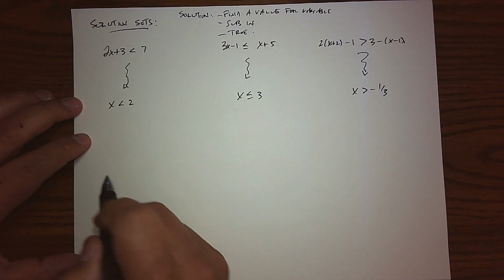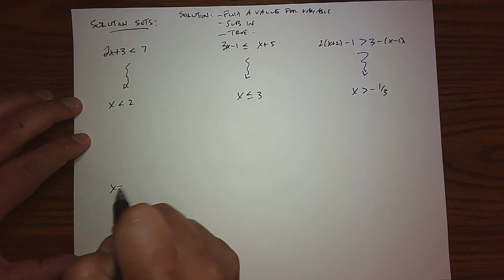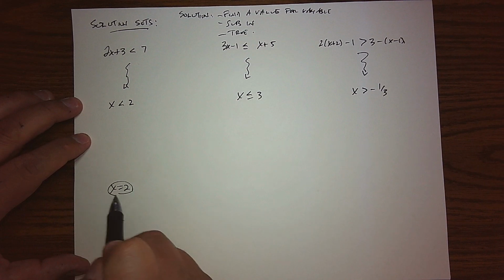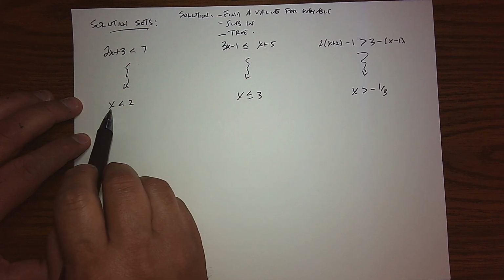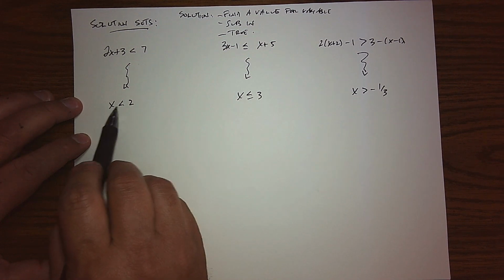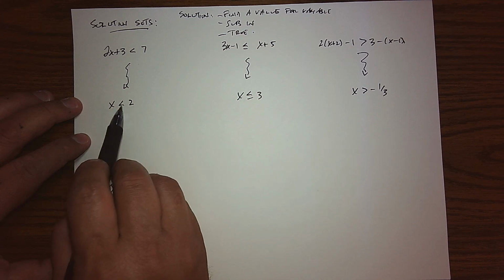Although when we're solving an equation and we get something like x equals 2, that's the only value that makes the equation true. But when I'm solving an inequality, we have a whole bunch of them. Think of numbers that are to the left of 2, or numbers that are less than 2.